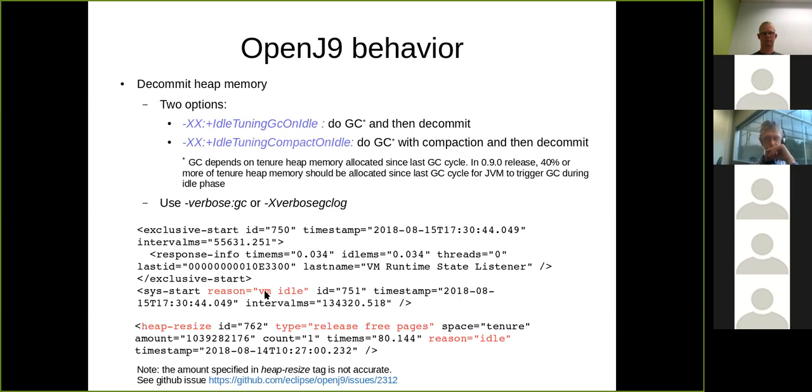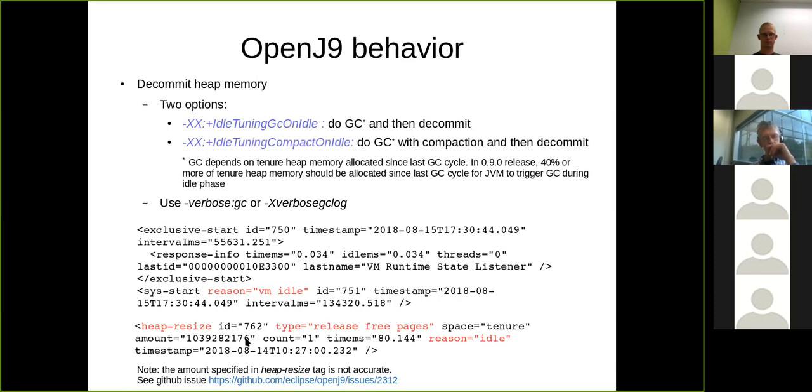And similarly, when the JVM decommits memory, it emits a heap resize tag in the GC log, which has type as release free pages and reason as idle. This tag also has a field called amount, which is supposed to indicate how much memory has been decommitted.